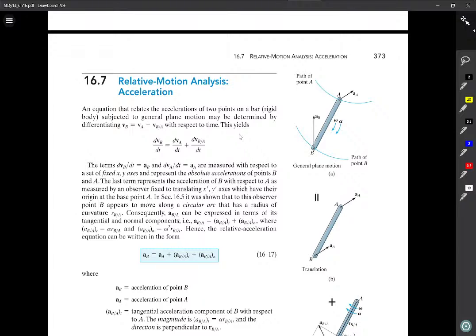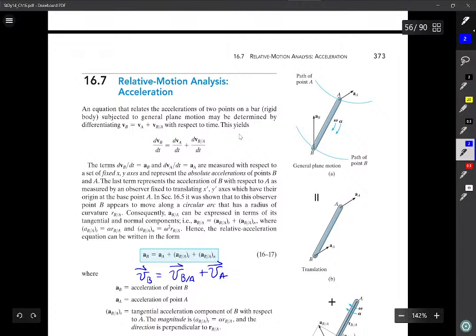So what you've got is a similar equation to what you had with velocity. In other words, you had VB is equal to VB relative to A plus VA. Now, if I replace that with acceleration, you get essentially the same equation, except this term has two components.